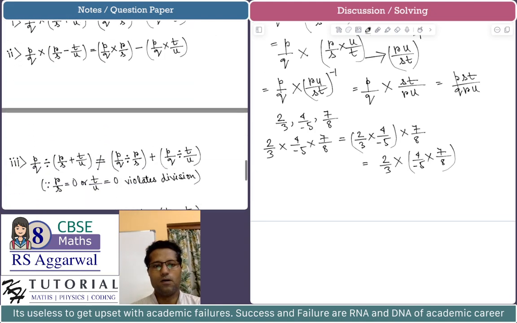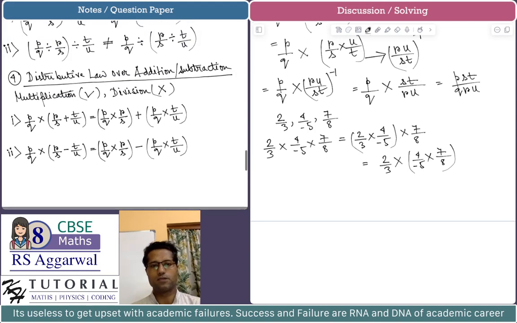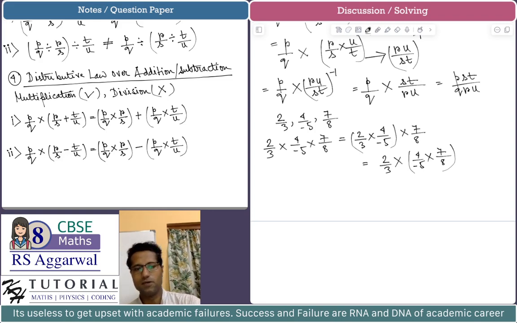Now, another thing, the last property, is the distributive law over addition and subtraction. What does this mean? So basically, it is said that multiplication is distributive over addition and subtraction. That is, multiplication obeys the distributive law over addition and subtraction.